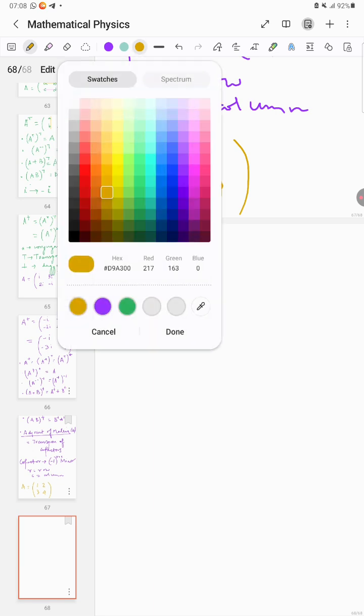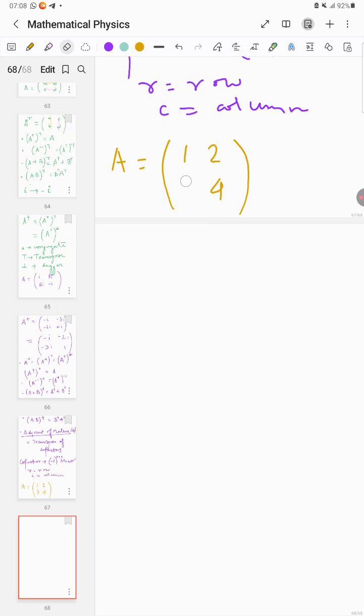Let us change this element to 2, alright, and let us change this element to 5.